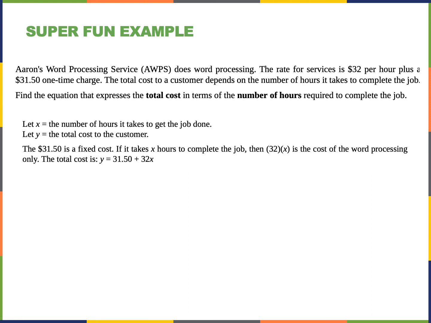So the expression 32x represents the cost for the services, okay? So together, the total cost is y equals the fixed cost of 31.50 plus 32x. So now if you say, okay, my job took 2 hours, you would plug in 2, you would get 32 times 2, 64, and then you would add that to 31.50, and you would get the total cost.